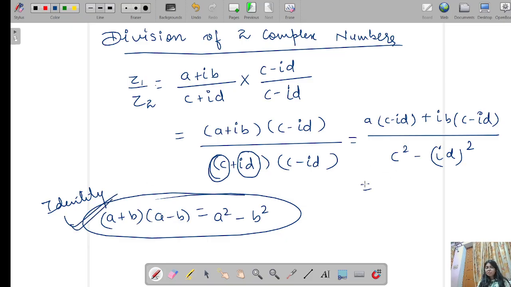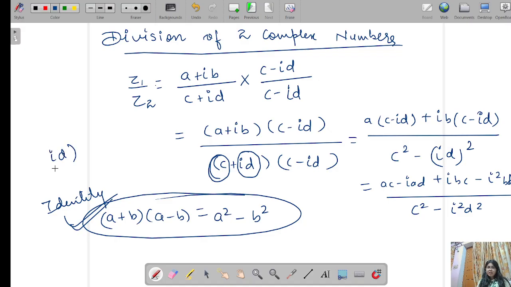Now solving the numerator: ac minus iota ad plus iota bc minus iota square bd, and in the denominator c square minus iota square d square. I have opened iota d whole square, it will be iota square d square, and again I can use the value of iota square here.